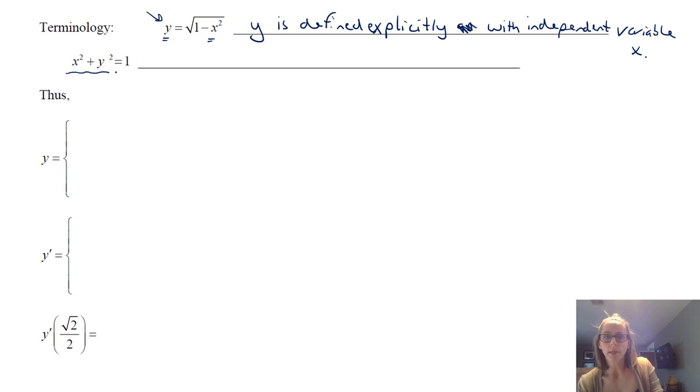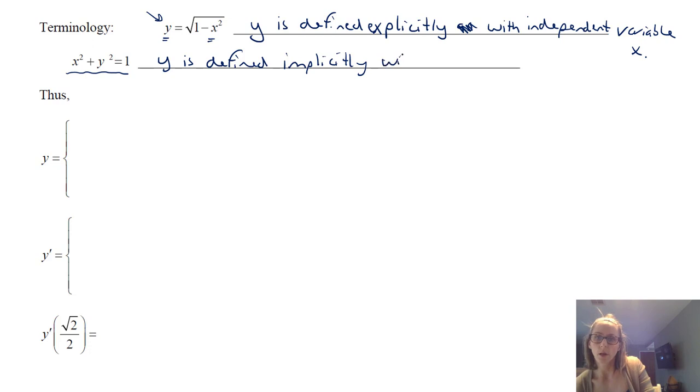When we see something like this circle, y is defined implicitly, and x is still the independent variable here.